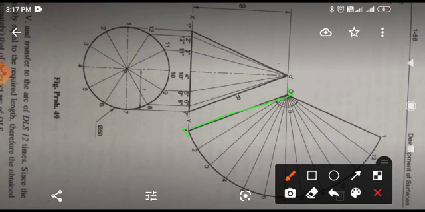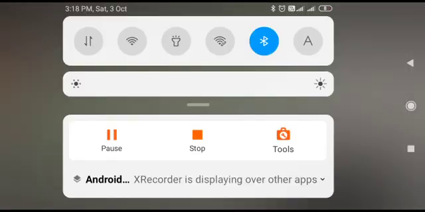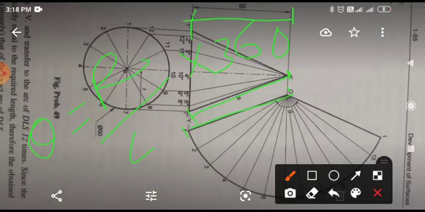After that you have to calculate the theta angle, which can be calculated by the formula r upon l into 360 degrees. In this case, l is the slant height and you have been given the vertical height. So you first have to calculate the slant height by the Pythagoras rule.